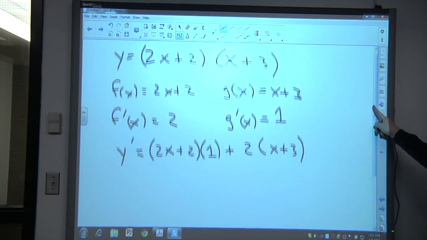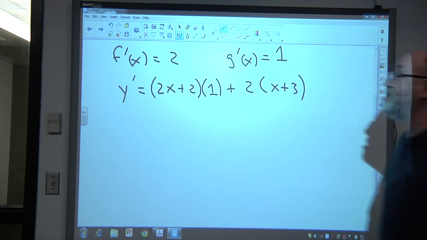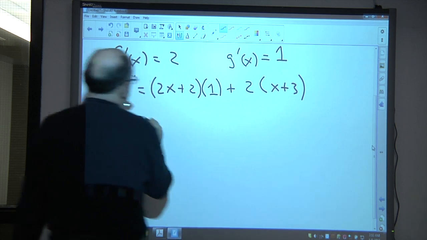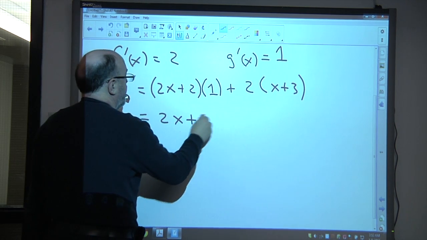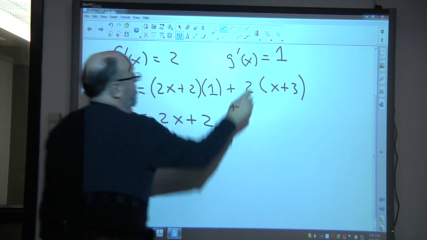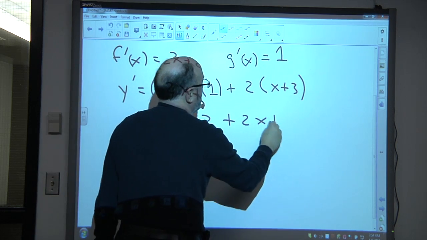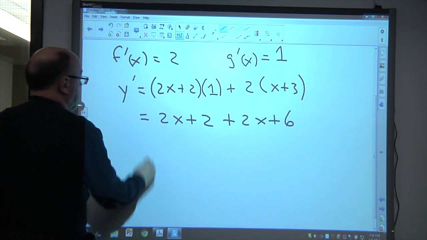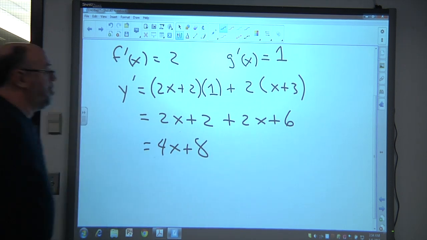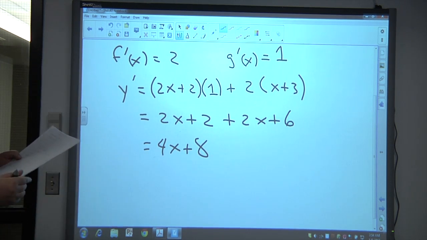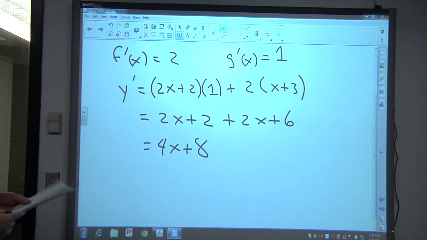And for this one, let's multiply this out just to prove that we do get the same answer. So 2x plus 2 times 1 is just 2x plus 2. 2 times that is going to be 2x plus 6. Combining and simplifying, we end up at 4x plus 8, which is the same result we had earlier.